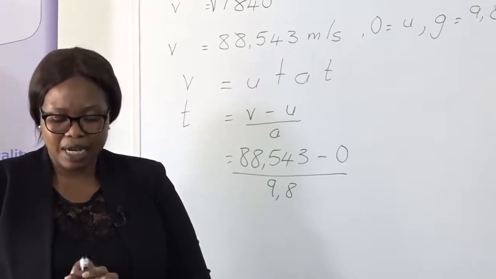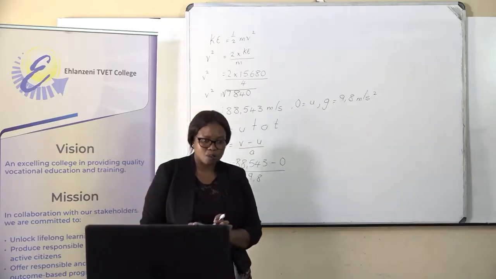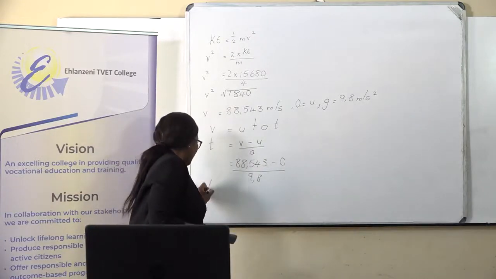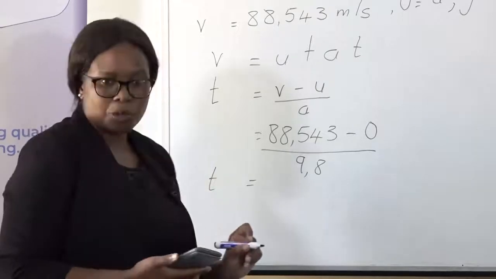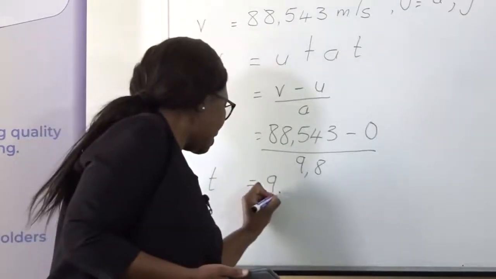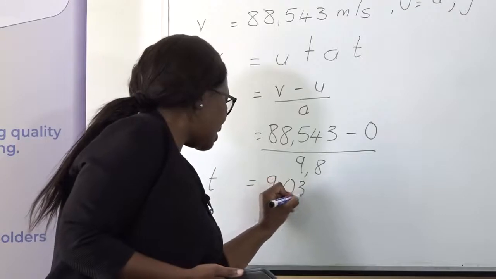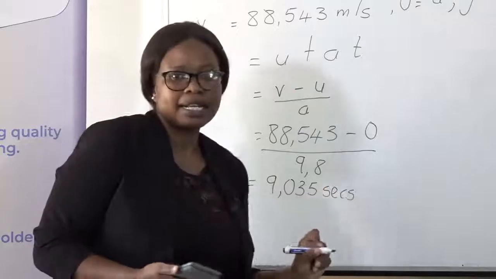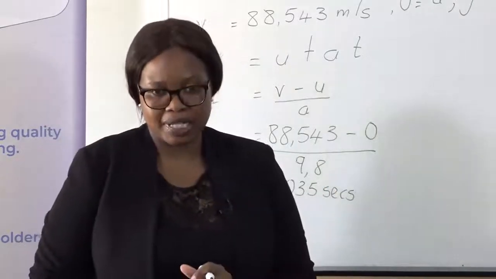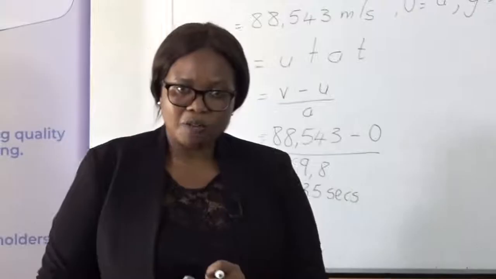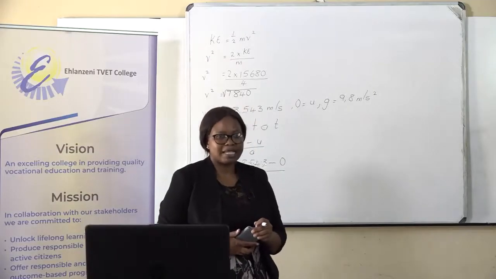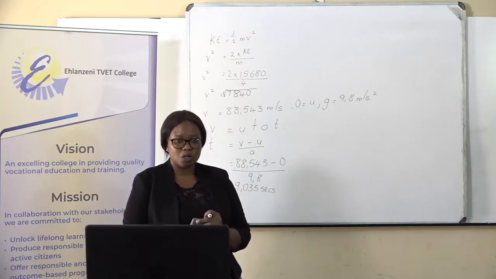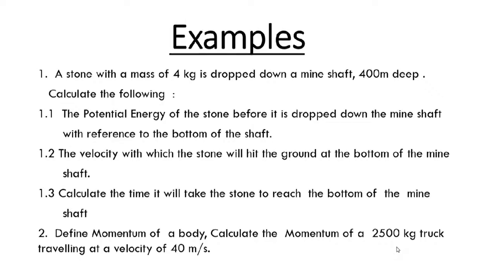Let's put it on our calculator and see what we get. Our time here is going to be 9,035 seconds. Don't forget to put the SI unit and to round off our answer to 3 decimal places after the comma.